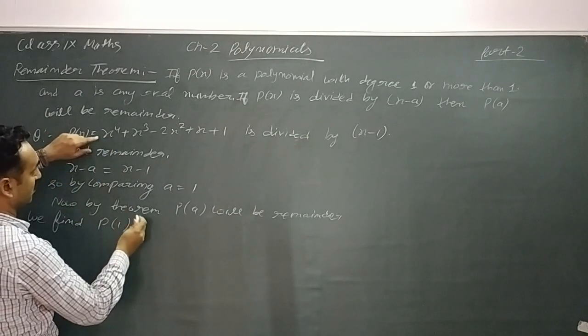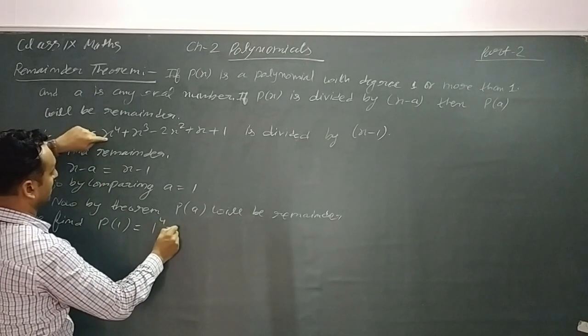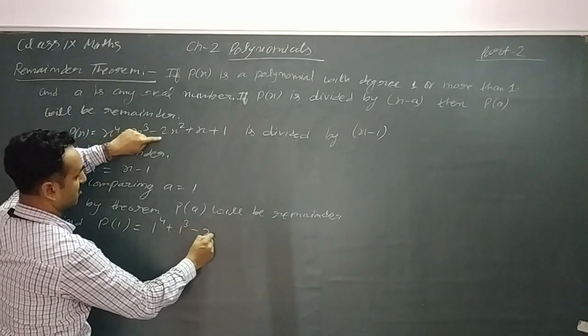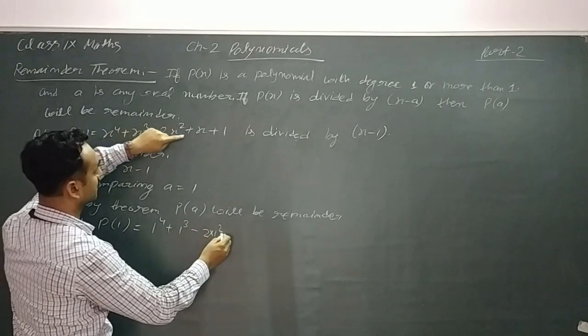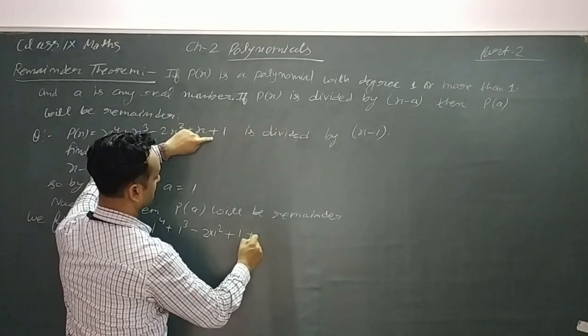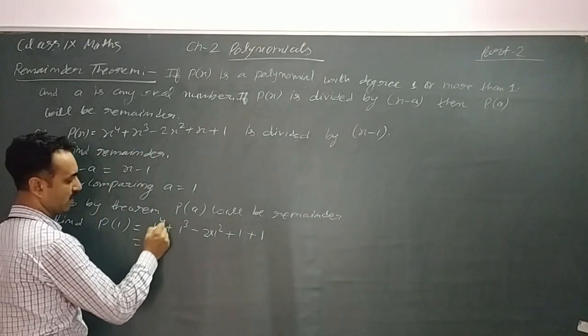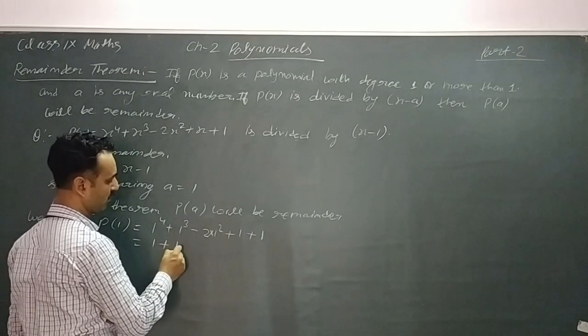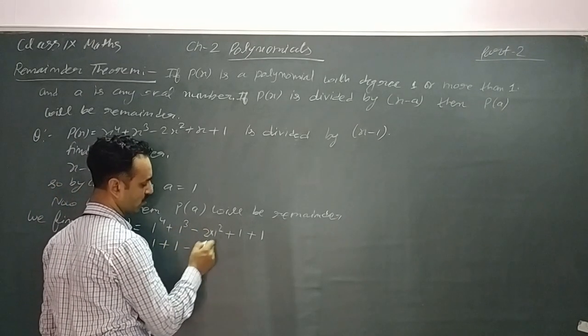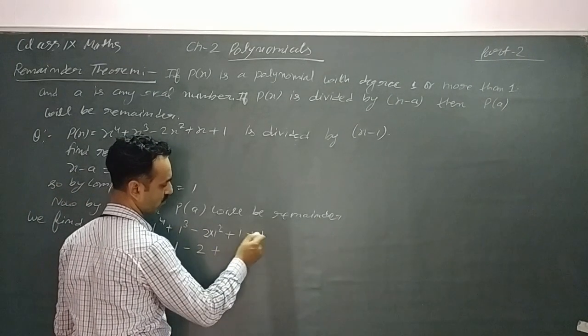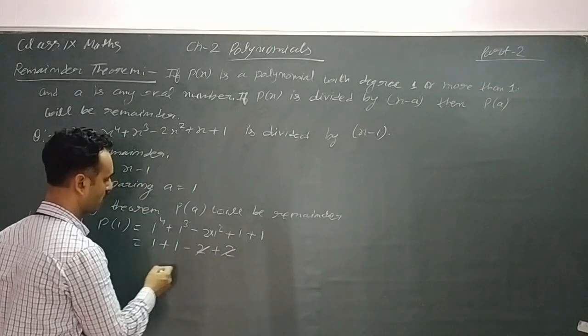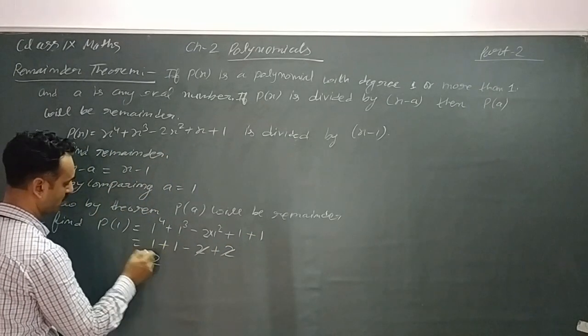So 1 raised to 4 is 1, 1 cube is 1, minus 2 into 1 square is 2, plus 1 plus 1. The 1 and minus 2 cancel out partly, and 1 plus 1 is 2.